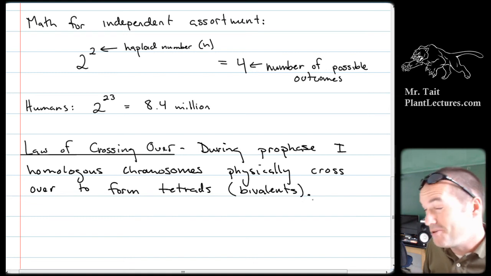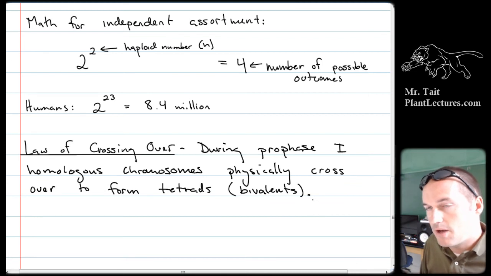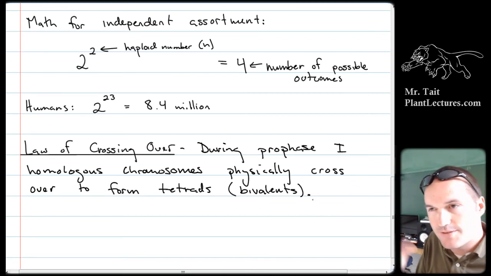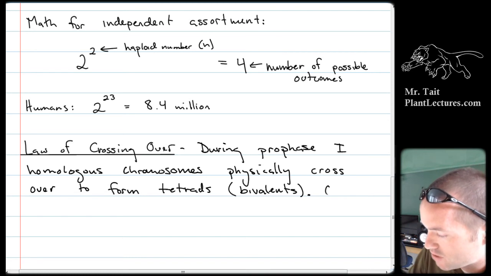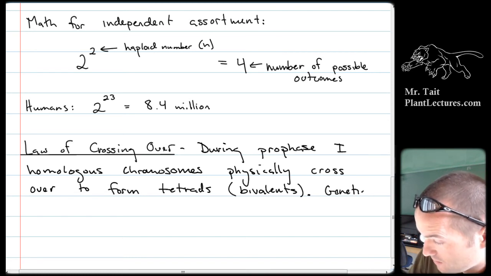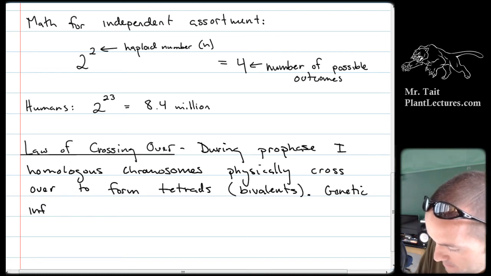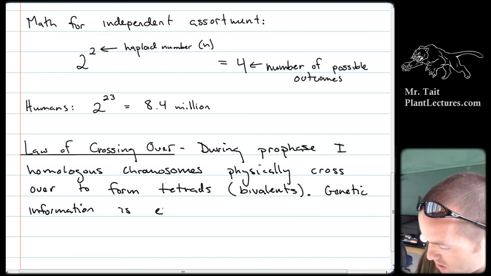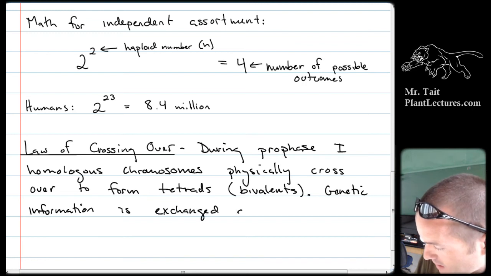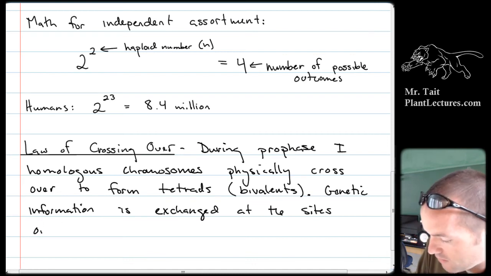Okay, and when they do that, the site that they cross over causes an exchange of genetic information. So we can say that genetic information is exchanged at the sites of crossing over.